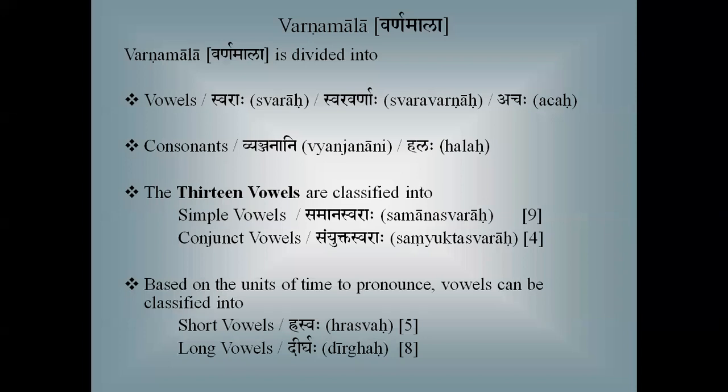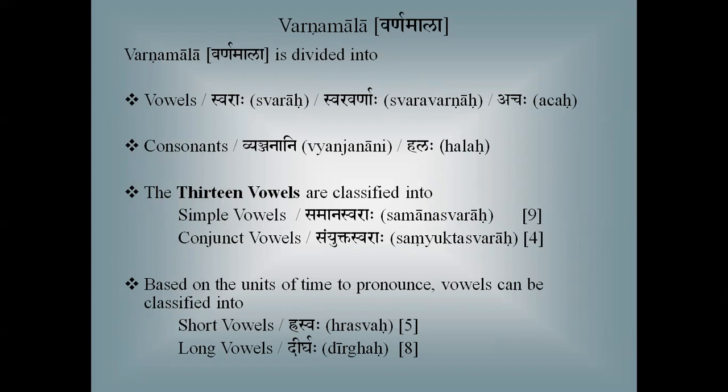Another way of classifying the vowels, based on the time taken to utter the vowel, is short vowel and long vowel. Short vowel is called Hrasvaha. Hrasvaha means short. Long vowel is called Dirgha. So Hrasvaha, Dirgha: short and long.